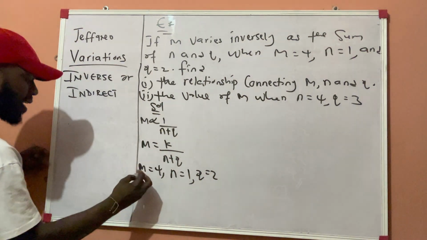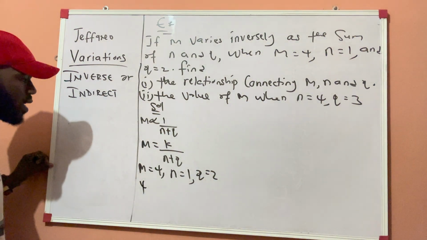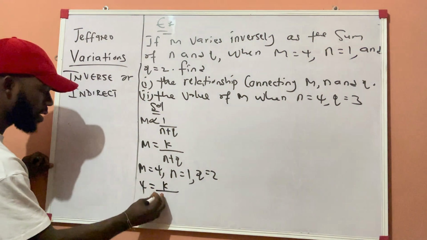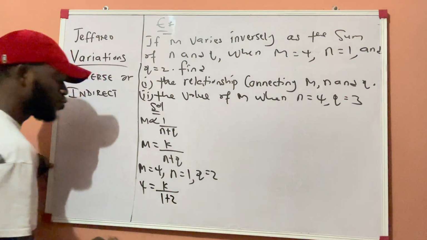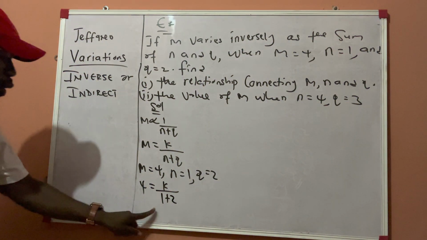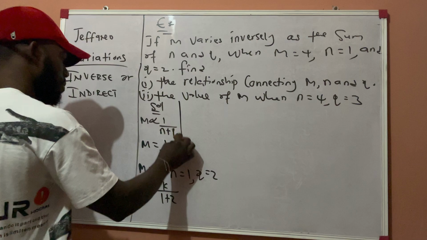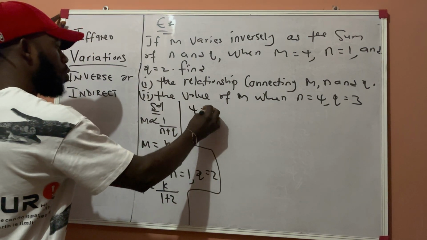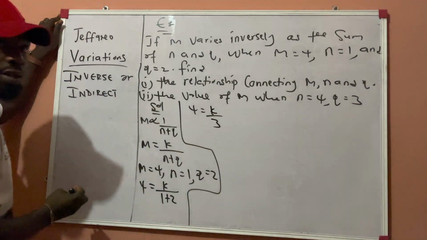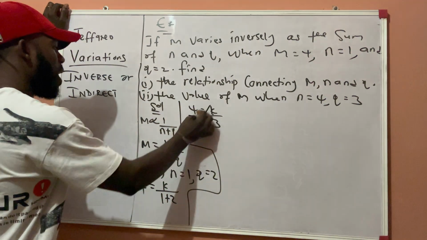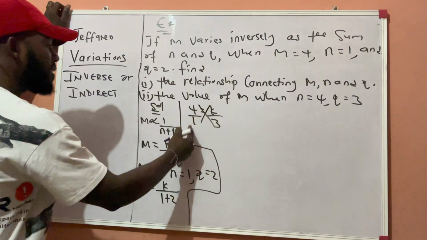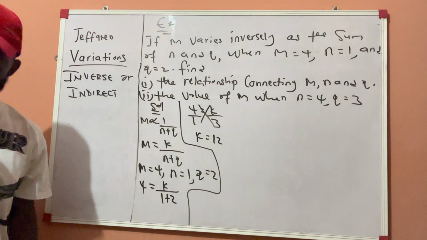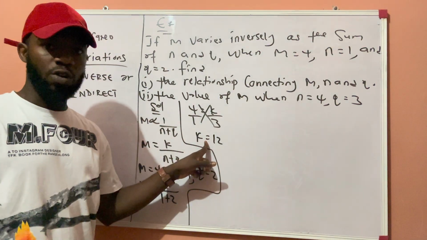Anywhere I see m, I give 4 is equal to k over n is 1 plus q is 2. Now, without wasting time, 1 plus 2 will give us 3. So what do we have? 4 is equal to k over 3. Now, base 4 over 1 and cross multiply. k times 1 gives us k, 4 times 3 gives us 12. Automatically, this becomes the value of the constant.